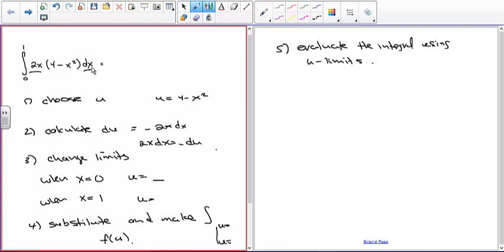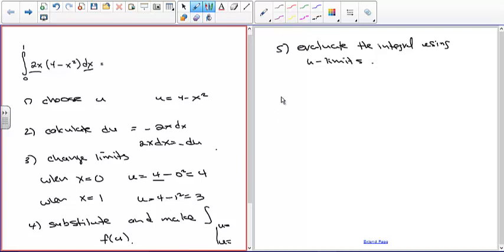So this will be replaced with negative du, and this will be replaced with u. And your limits will be, so u in this case is going to be 4 minus 0 squared, which is 4, and this limit is going to be 4 minus 1 squared, which is 3.